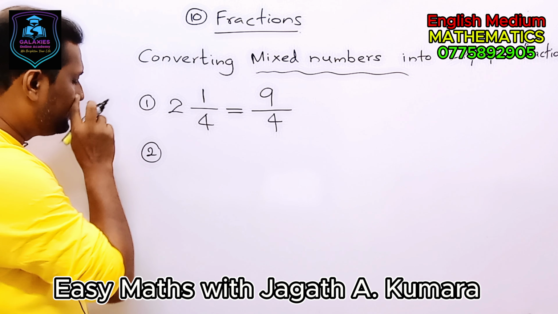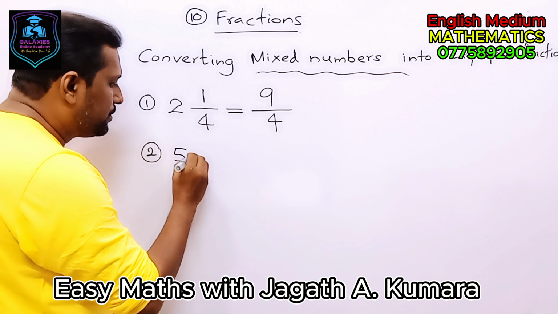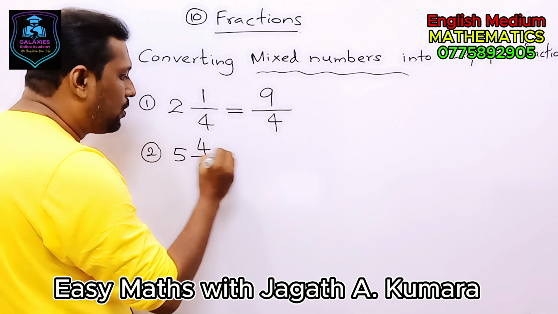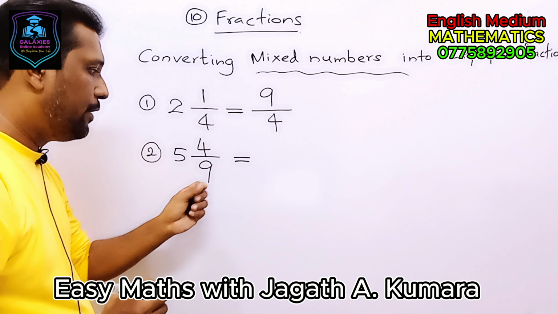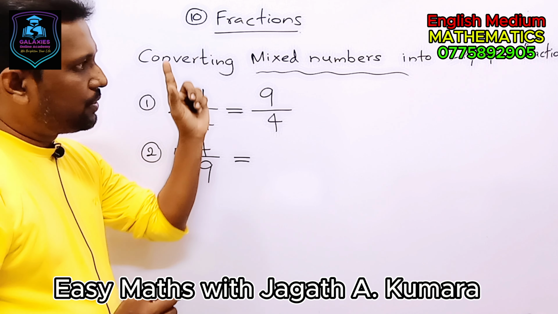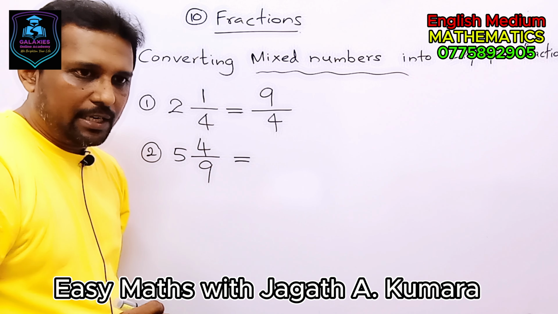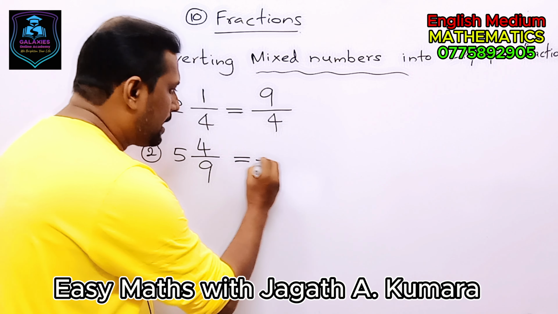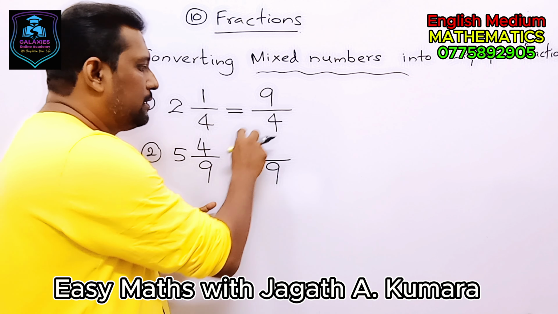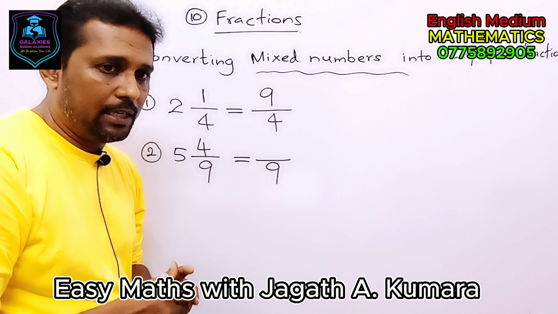Second example, 5 4/9. Right. Can you tell me what is the denominator of this mixed number? 9. So improper fraction denominator should be same value, no? 9. Then we have to check the numerator. How you can get the numerator?